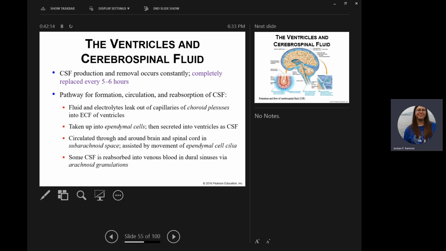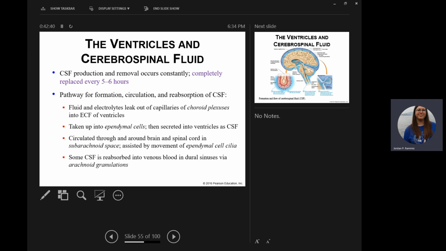Fluid and electrolytes will leak out of capillaries of the choroid plexuses and into the extracellular fluid of the ventricles. Basically, our capillaries have these specific type of connections between them that allows for this to happen. They are, out of the 3 types of capillaries, sinusoidal, they're leaky, so to speak, when compared to other vessels capillaries are.